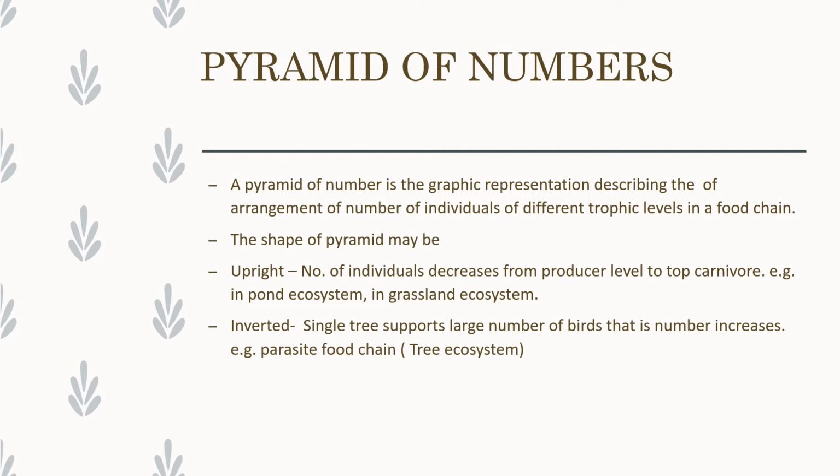This we need to keep in mind. We have examples for the same. For upright, we have the example of the grassland ecosystem. For inverted, we have the example of a tree ecosystem, when a single tree acts as an ecosystem. We will see how in the next slide.